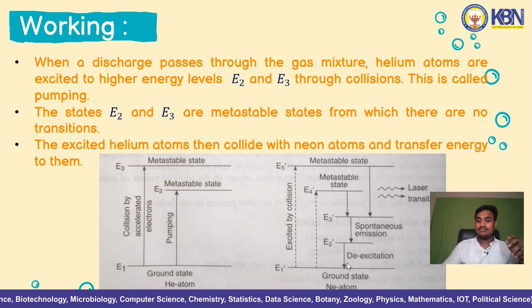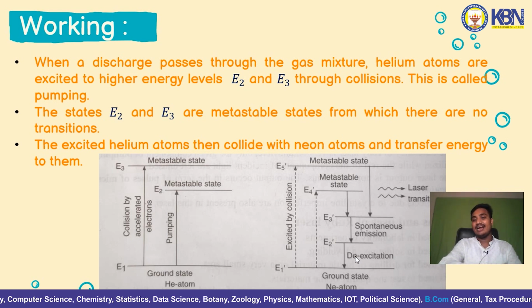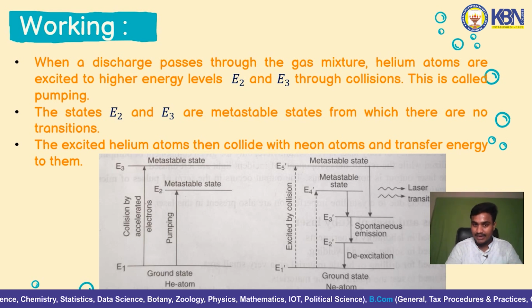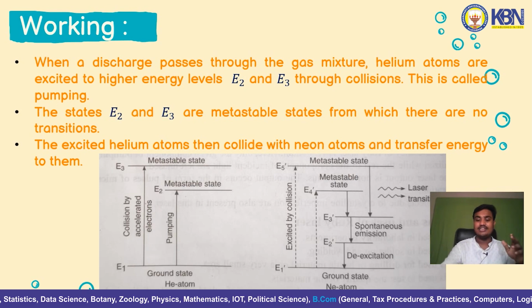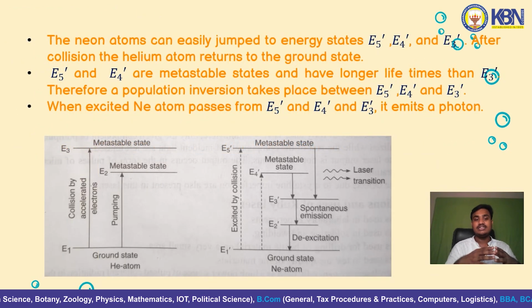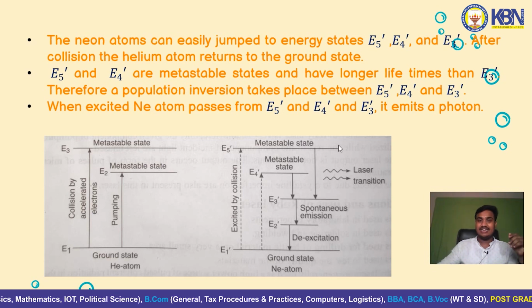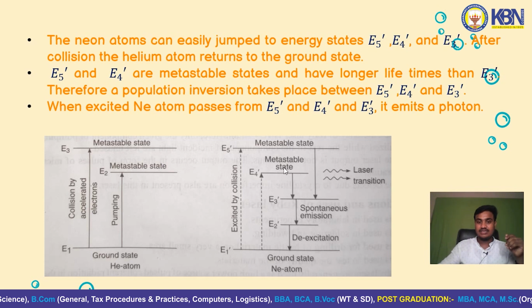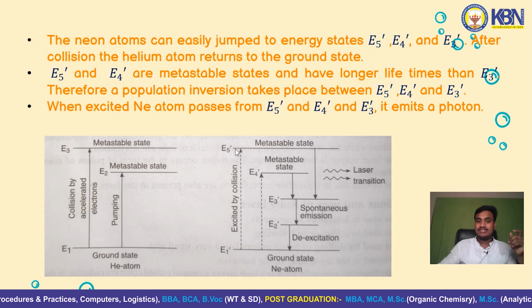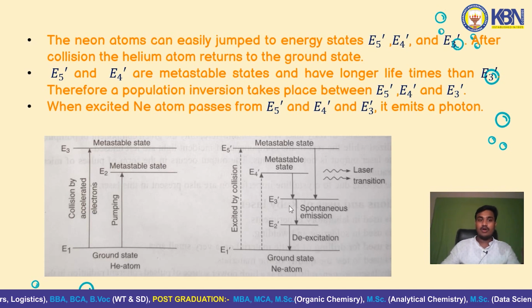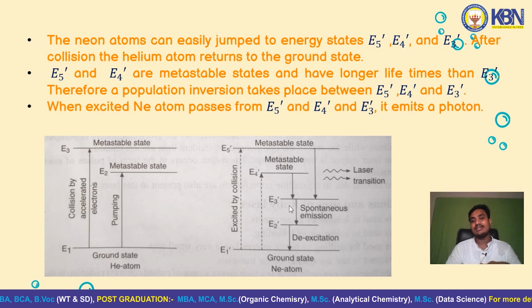Coming to the neon atoms, after colliding with the helium atoms, they can easily jump to the energy states E5 dash, E4 dash and E3 dash, and then come back to the ground state.